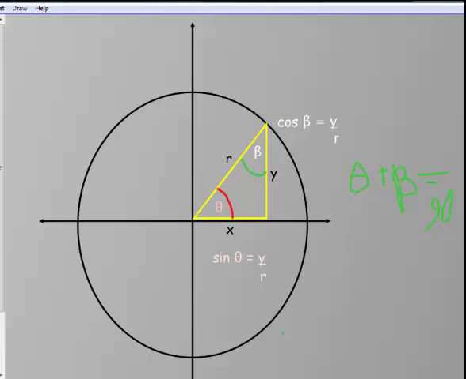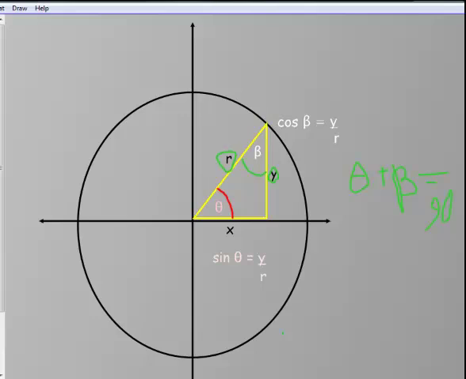So if I took the cosine of beta, it would be its adjacent side over its hypotenuse. And those are the same answers, and that's why they're cofunctions.